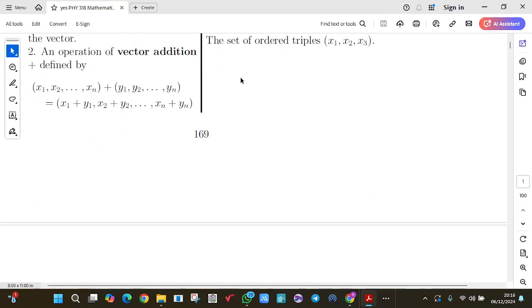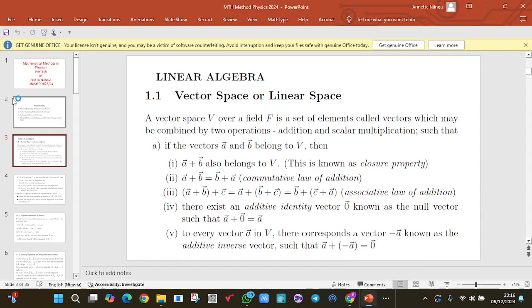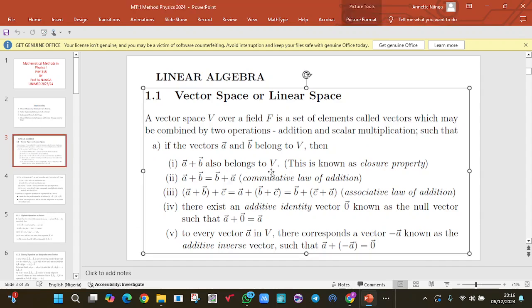Where is it? Okay, it is here on this slide. This is it: A plus B must belong to V. That means if you have a polynomial and add it to another polynomial, it must give you a polynomial. Is that clear?